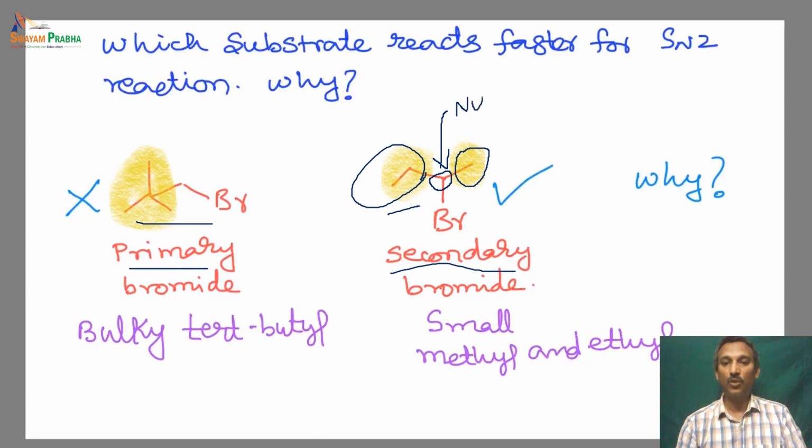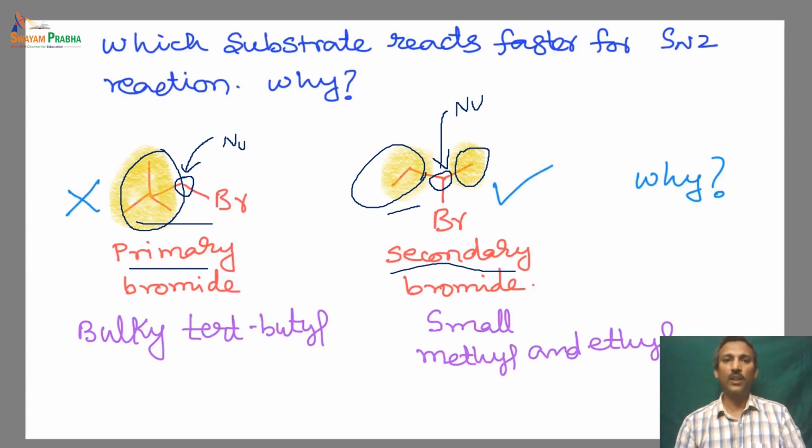But let us look at the other case. In this one, what happens? Although this is a primary carbon, on one side we have a very bulky tertiary butyl group. So this prevents the attack of the nucleophile. Due to this, it reacts at a slower rate. It is not that it is not undergoing reaction.